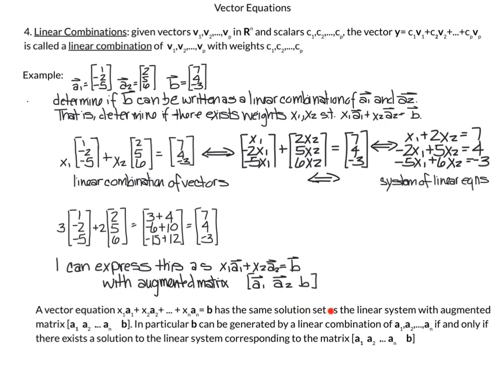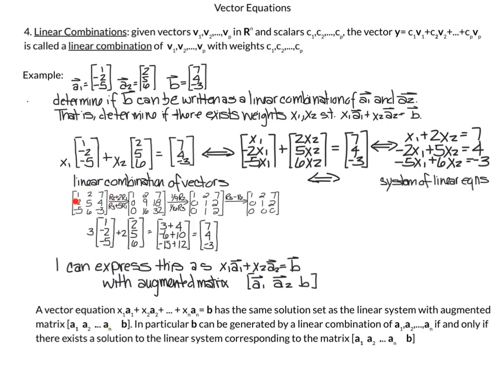It has the same solution set as the linear system with augmented matrix a1, a2, and b. And remember, this a1 is the entire column vector. So this vector equation has the same solution as the linear system with the augmented matrix, which we used, and I squeezed it in here as this augmented matrix, 1, -2, 5, 2, 5, 6, 7, 4, -3.